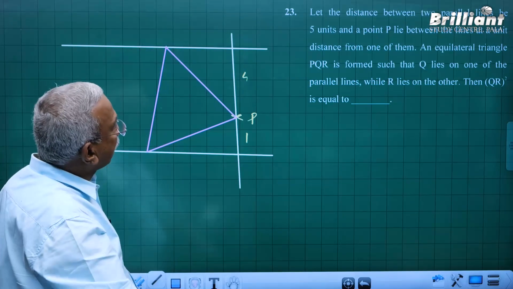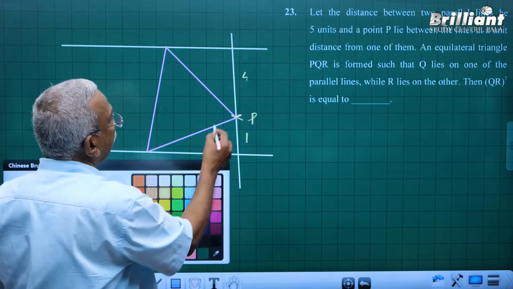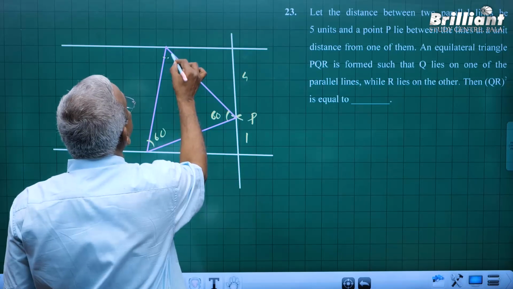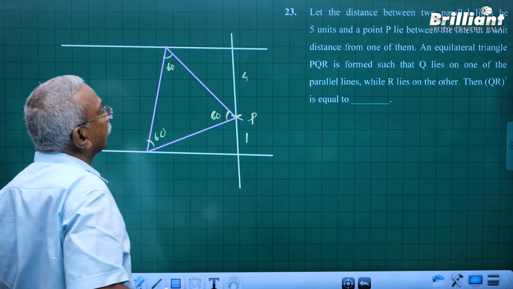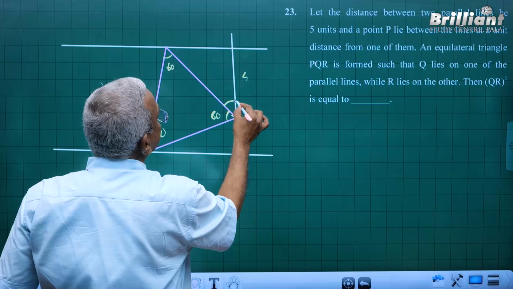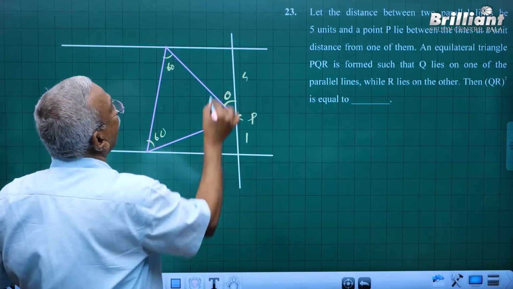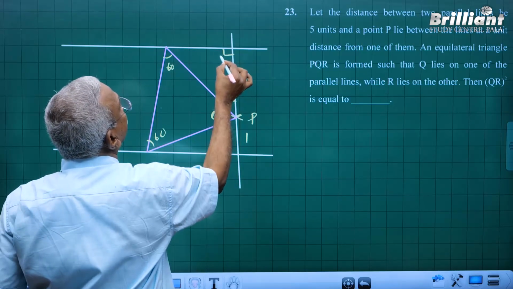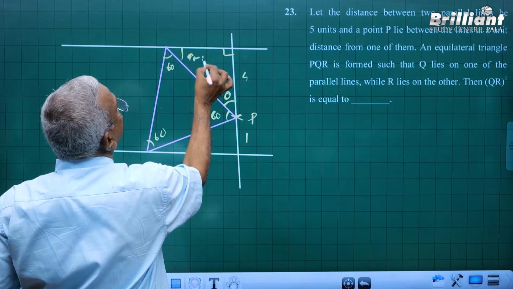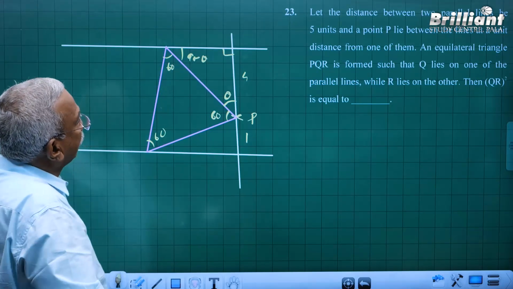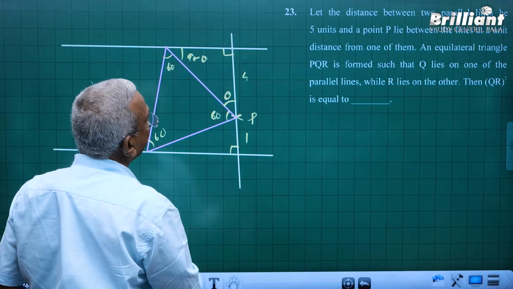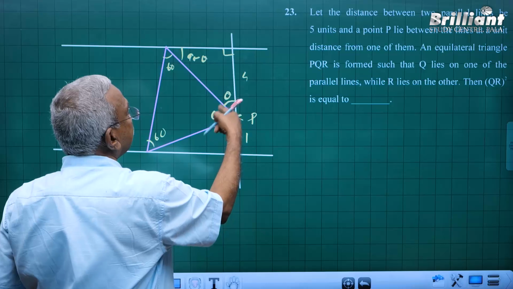This is an equilateral triangle, which means they make 60 degrees. Here it is 60 degrees. This also 60 degrees. Here also 60 degrees. If this one is theta, suppose, and this is 90, then this is what? 90 minus theta. Here also it is 90. So both of them are 60 plus 90.